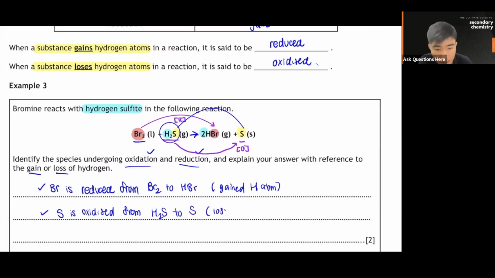This is a loss of hydrogen atoms. Is that okay, everyone? So you answer the question by telling me what is undergoing oxidation and reduction and explain it with the gain or loss of hydrogen.